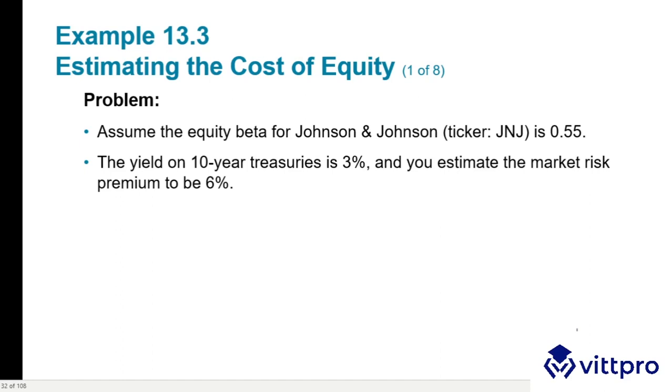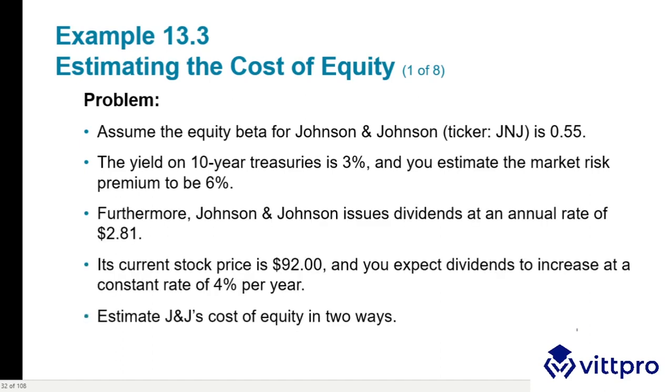Can you calculate? Now you know the formula. It will be 3% plus market risk premium times equity beta. The dividend is $2.8, the market price is 92, and the dividend increase is 4%.